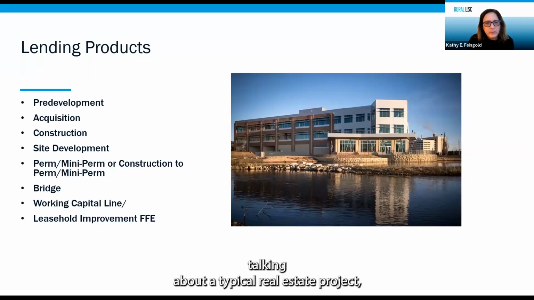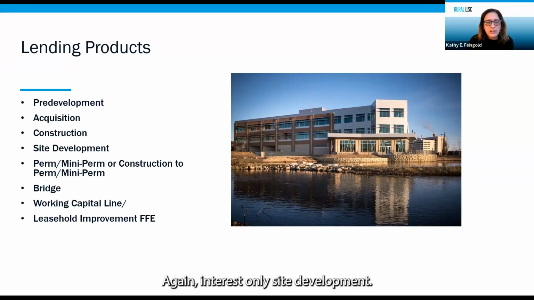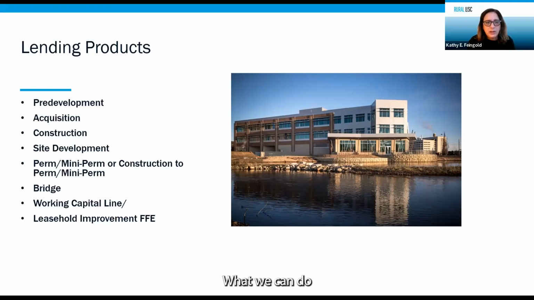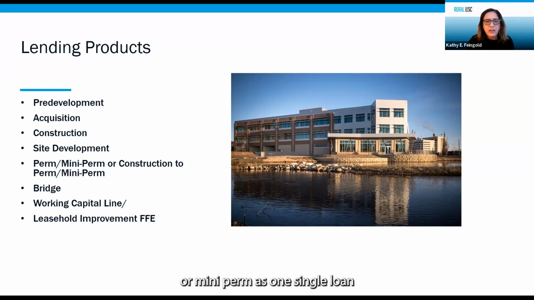If you're talking about a typical real estate project, we can provide pre-development funds, acquisition funds, which are normally interest only, construction funding, again interest only, site development, but we also offer permanent funds, mini permanent funds. What we can do very often is have one loan that goes from construction to perm or mini perm as one single loan that just converts to an amortizing loan.